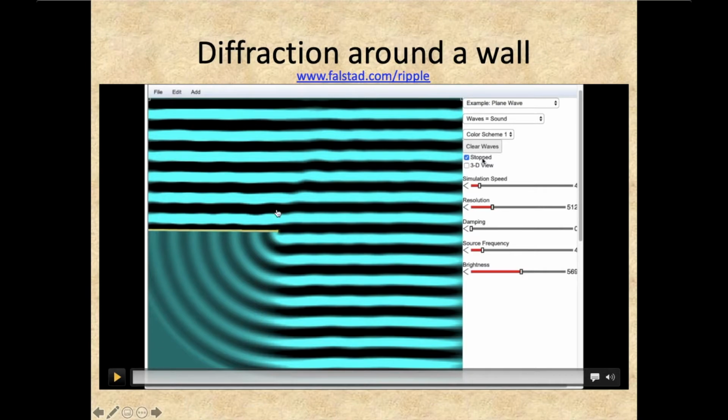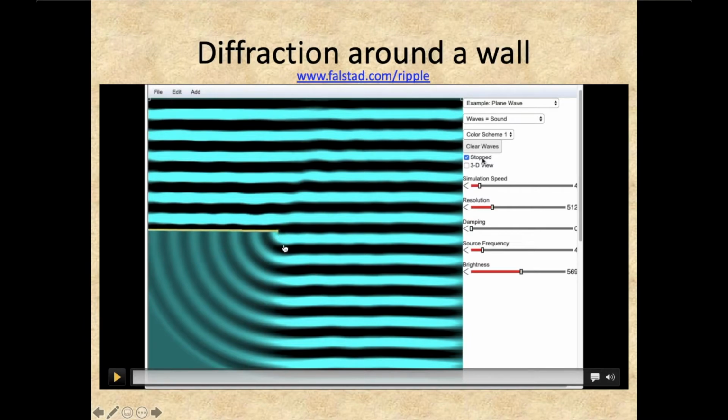Okay, what is happening? Now the plane waves are approaching, the wavefronts are straight, and they move at a certain speed. The wavefronts that reach the boundary will obviously reflect. The wavefronts that come across no boundary would move on as usual.